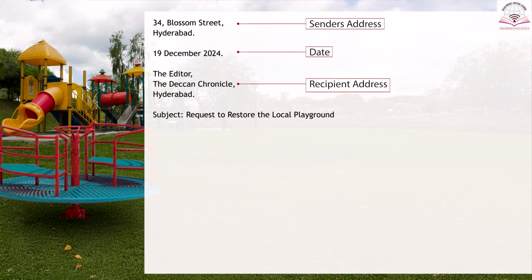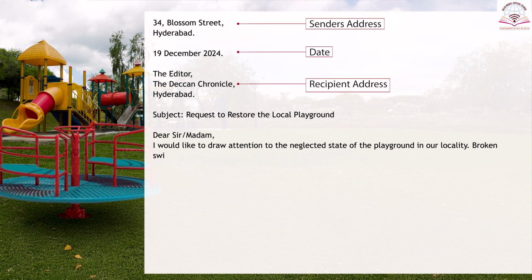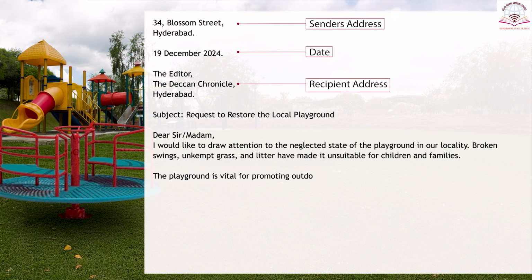After the salutation, we'll begin the letter with the introduction. I would like to draw attention to the neglected state of the playground in our locality. Broken swings, unkempt grass and litter have made it unsuitable for children and families. The playground is vital for promoting outdoor activities and healthy lifestyles among residents.